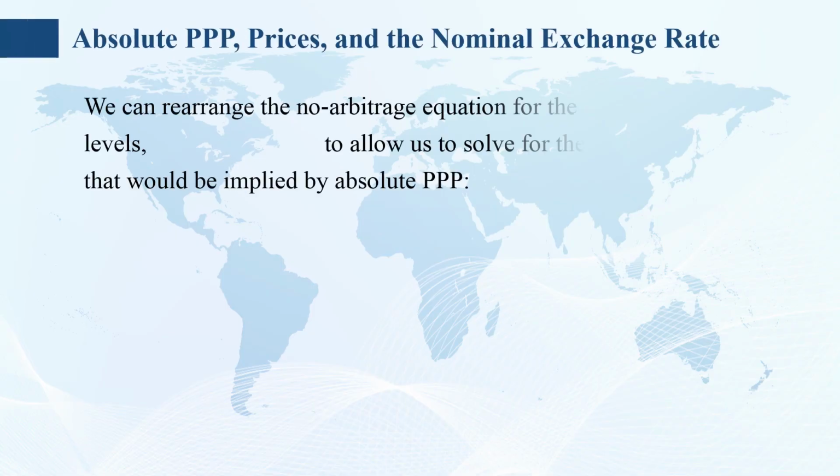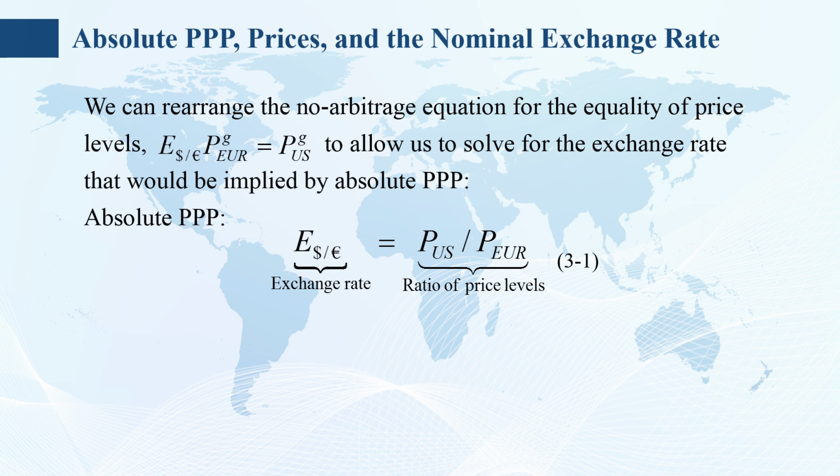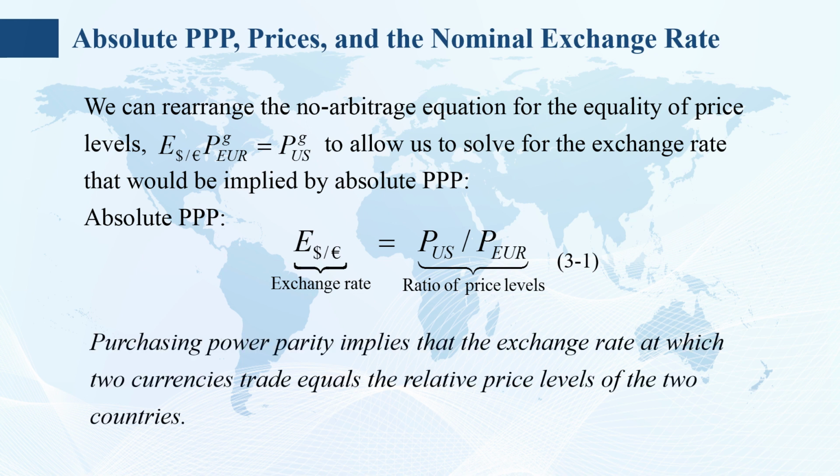We can rearrange the absolute PPP equation for the equality of the price levels, E times P_EUR is equal to P_US, to solve for the exchange rate that would be implied by absolute PPP. So the exchange rate is equal to the ratio of the price levels. Purchasing power parity implies that the exchange rate at which two currencies trade equals the relative price levels of the two countries.